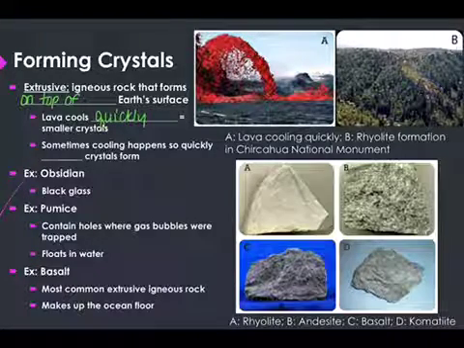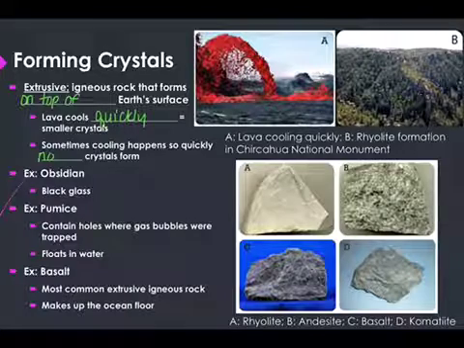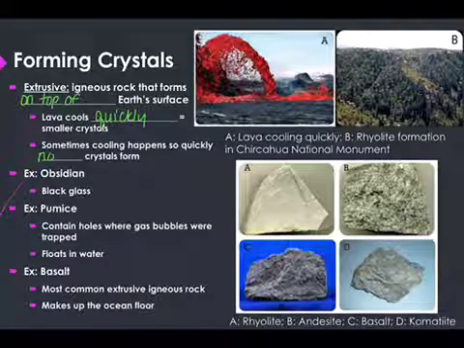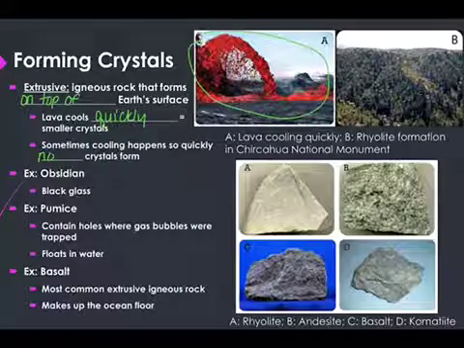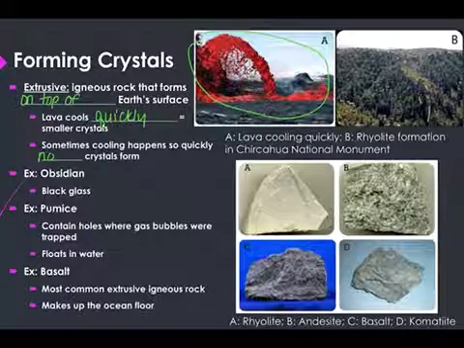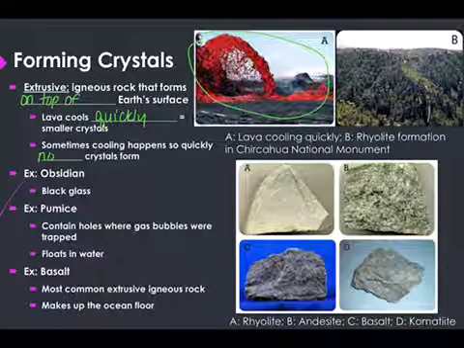So sometimes the cooling happens so quickly that no crystals actually form at all. So up here we have some lava being shot out, and it's cooling very quickly. And then these tall rock pillars in here are rhyolite rocks, and they formed this national monument due to their quick cooling.